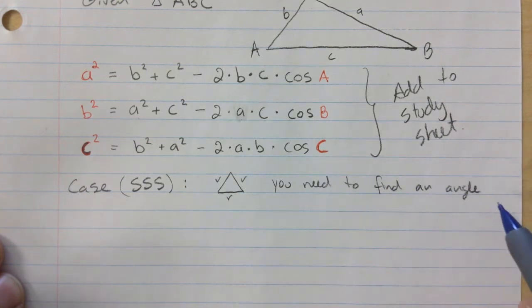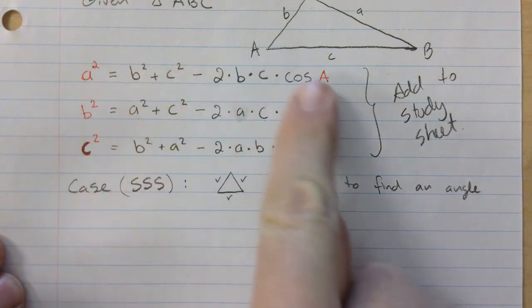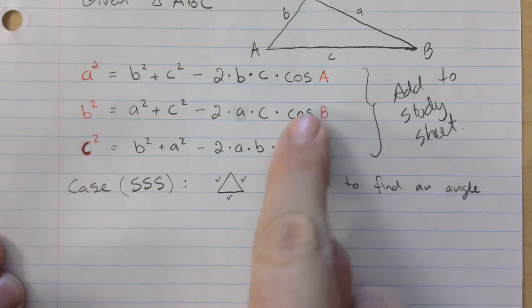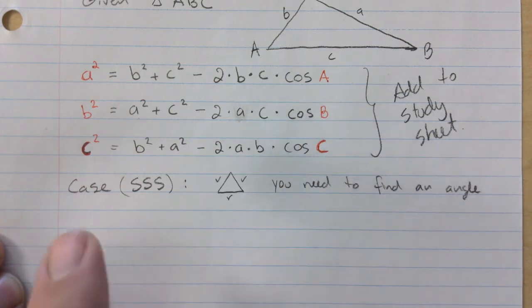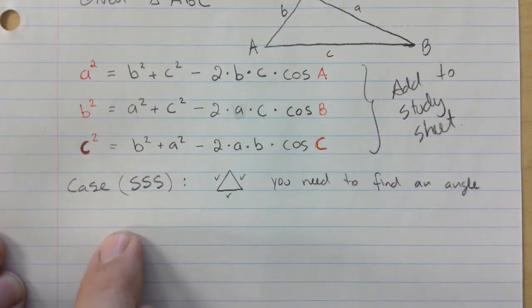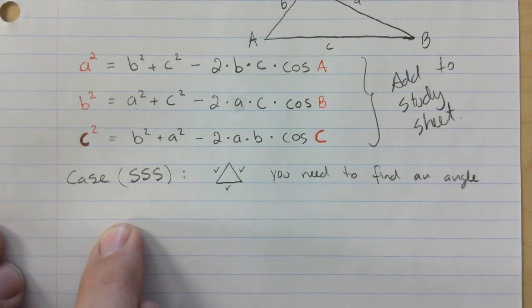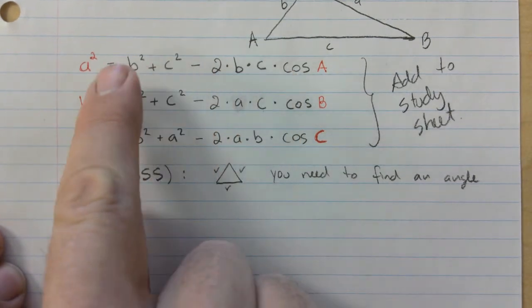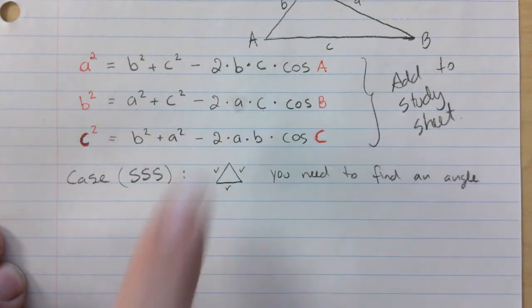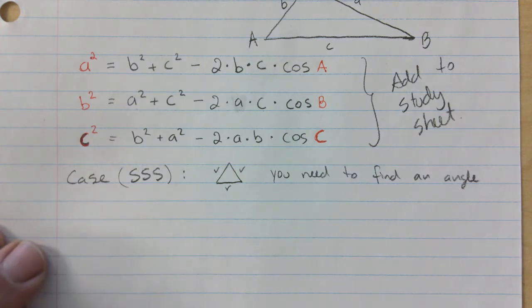Okay, you need to find an angle now. So just so you know, this formula up here, that's what I'm using to give you the formulas for this scenario, because now you're trying to find an angle. So let's take the first row up top and rewrite it. So you would essentially write it like this.